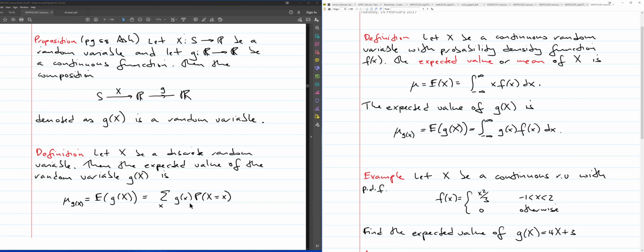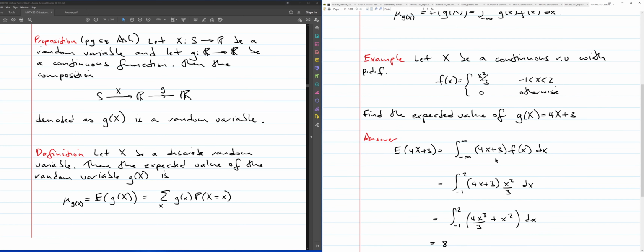Here you're multiplying g of small x against the PMF; there you're multiplying g of small x against the PDF. In the discrete case you sum over all possible values of the discrete random variable x, and in the continuous case you sum over all possible values of the continuous random variable. So the formulas are analogous. In the discrete case you have summation, and in the continuous case, the expected value of g of x is found by integration.